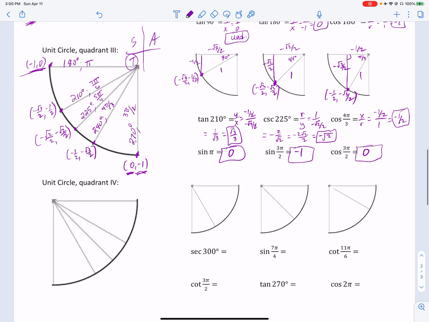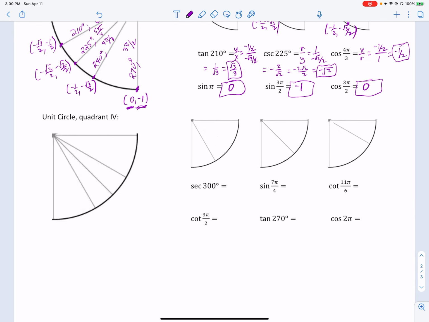All right, and then the fourth quadrant. And so if we go to 300 degrees, that leaves a 60 degree. We draw the triangle. We're going to the right 1/2, down root 3 over 2, where the hypotenuse is 1. This point is to the right the short amount, down the long amount, negative root 3 over 2. And the secant is the reciprocal of cosine. So it is r over x.